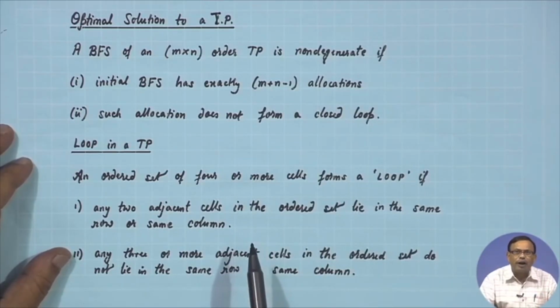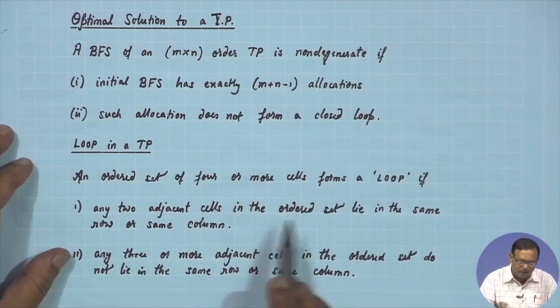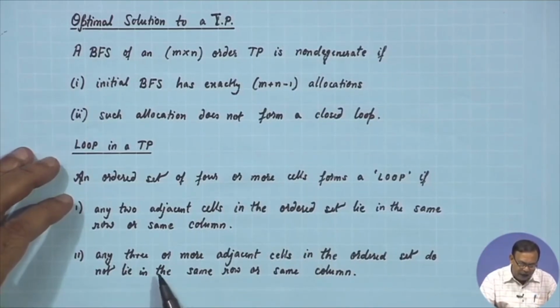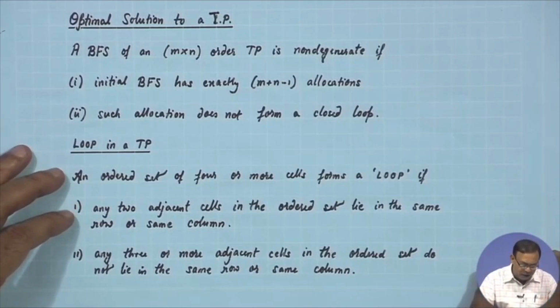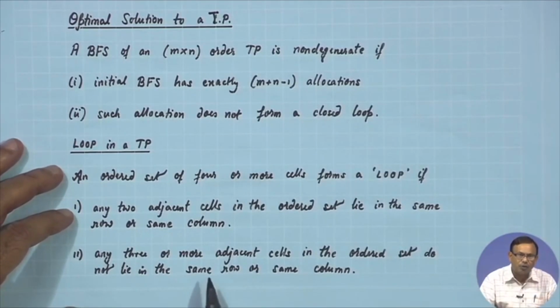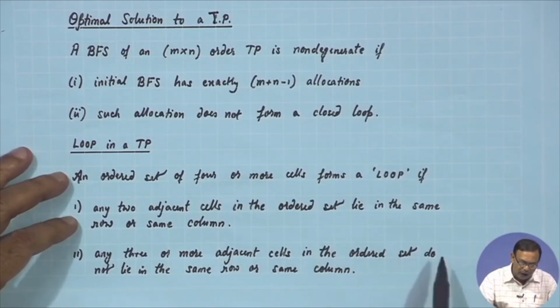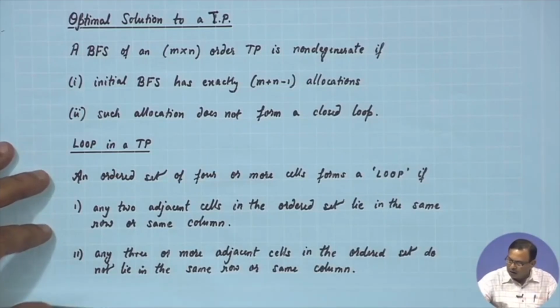So, I will take an ordered set of cells of minimum 4 or more cells, where if any two adjacent cells in the ordered set lie in the same row or same column, that may form a loop, and any 3 or more adjacent cells in the ordered set do not lie in the same row or column.